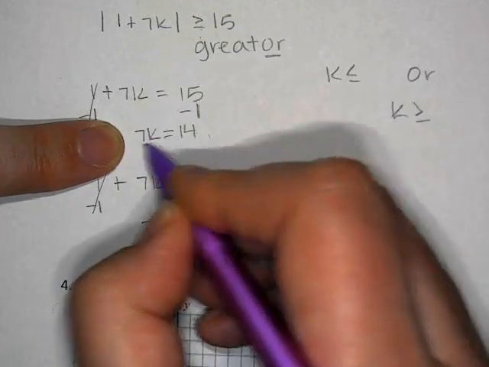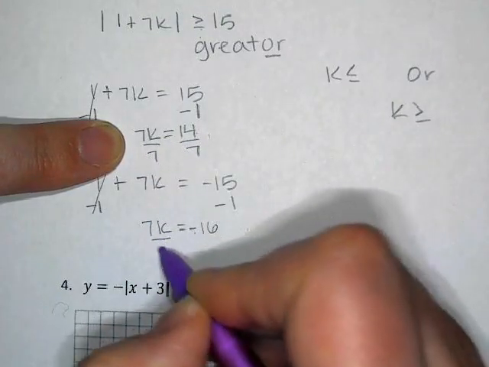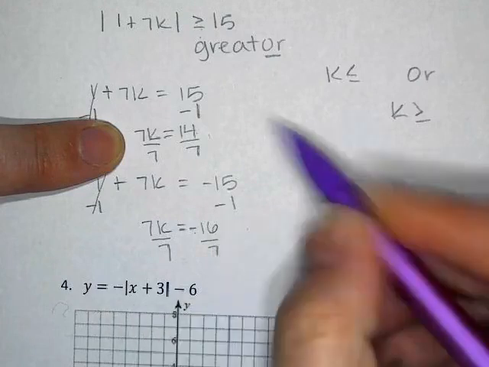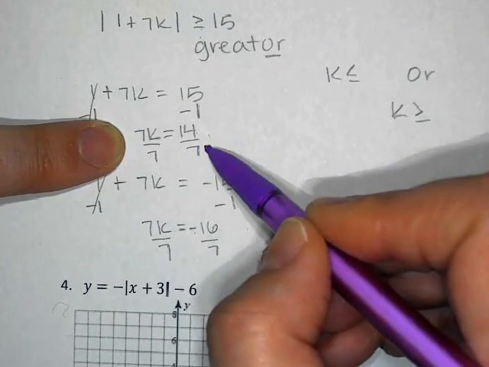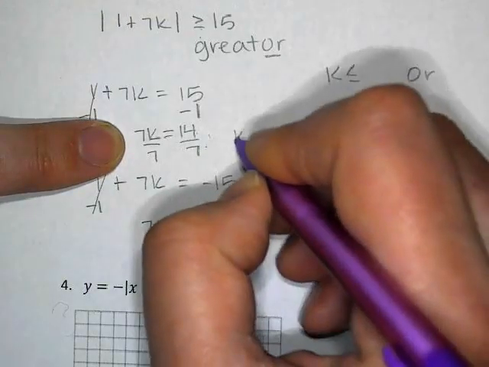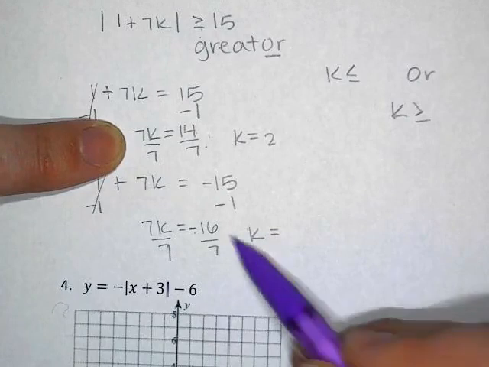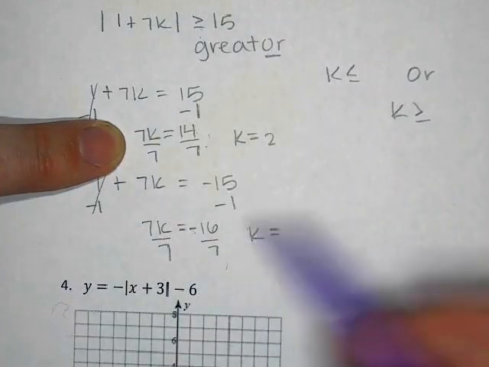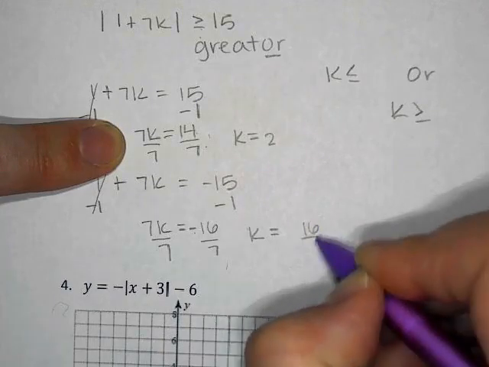Divide. Divide by what? 7. Divide by 7. So for my first solution, what am I going to get? 2. K equals 2. For my second solution, I'm just going to leave this one as a fraction. And what's my fraction going to be? 16/7. You're very close.